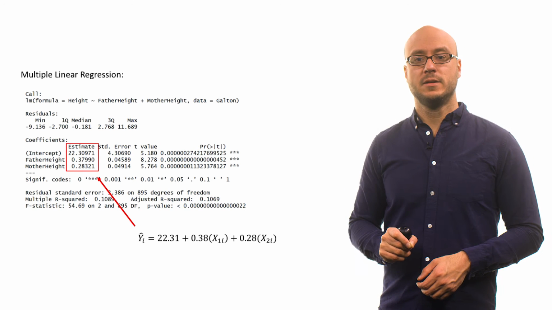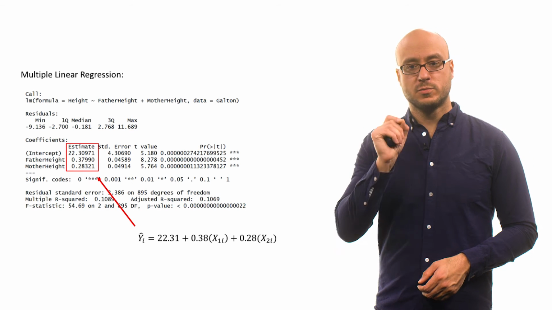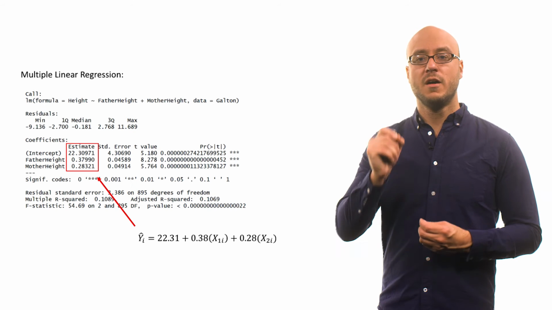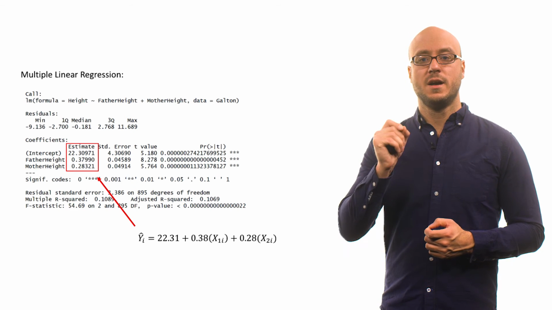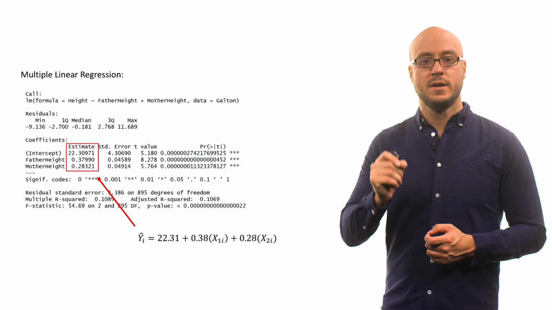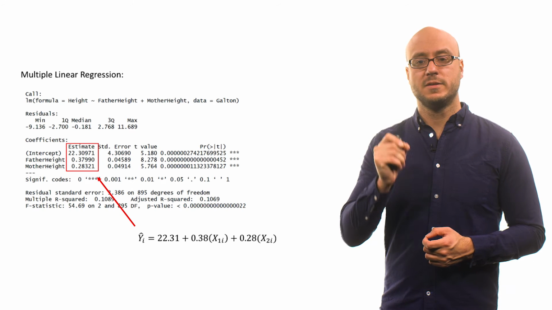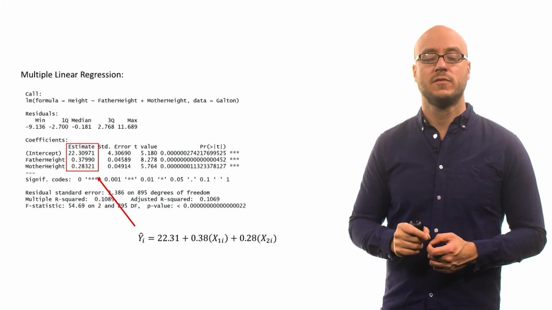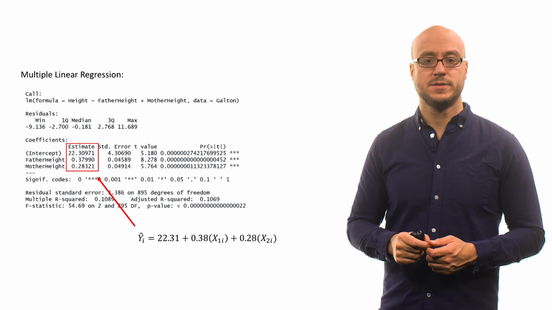In a similar way, the partial regression coefficient, that partial slope for mother, is interpreted as follows. For every 1 inch increase of the height of a mother, the children's height is expected to increase by 0.28 inches, holding constant or controlling for the height of fathers.